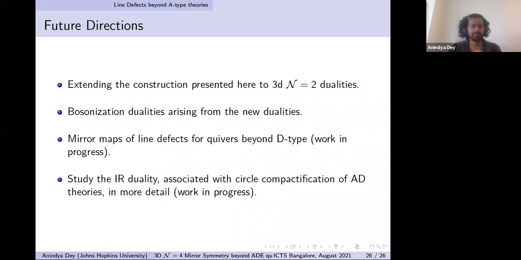And then finally, this curious IR duality that we uncovered while studying the circle compactification of Argyres-Douglas theory, which involves unitary theories with Abelian matter on one hand, and unitary and special unitary theories on the other hand, would be an interesting thing, and that's also a work in progress. So I would like to end there. Thanks for your attention.